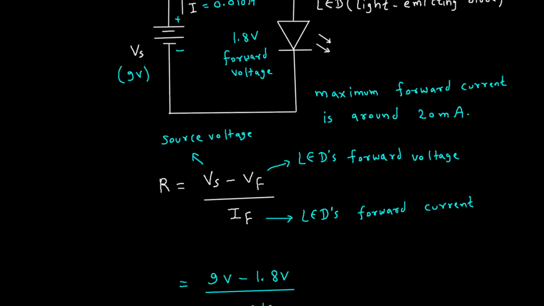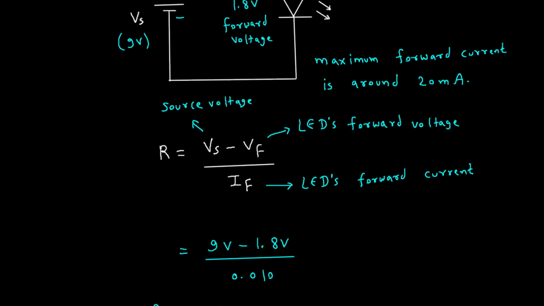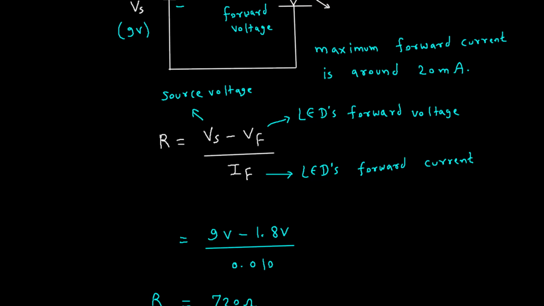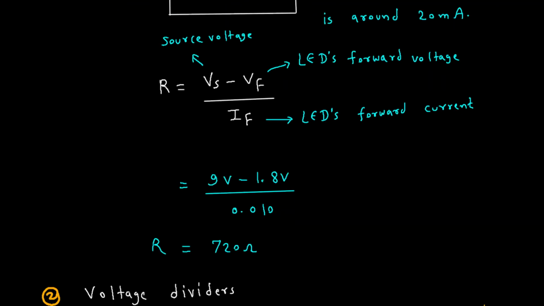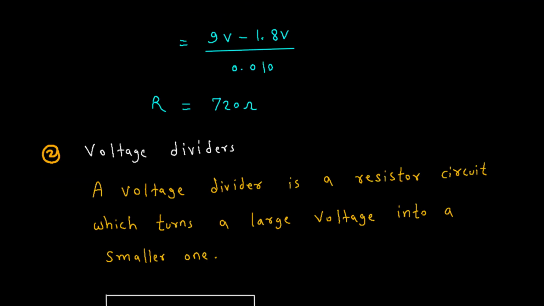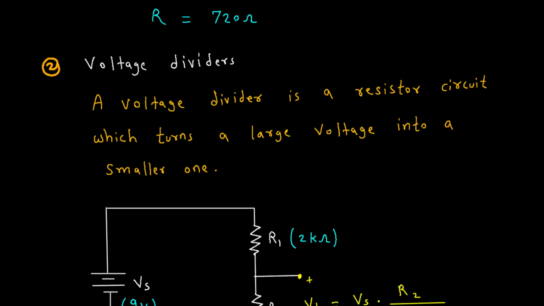So this LED forward current is given, so 9 volt minus 1.8 volt. We need this much current, 0.010. So if we calculate this, we get the resistance value of 720 ohm.